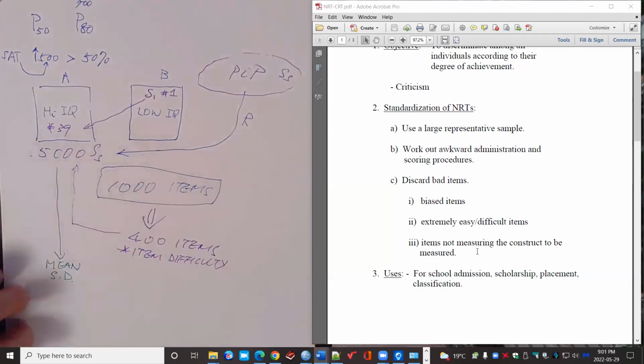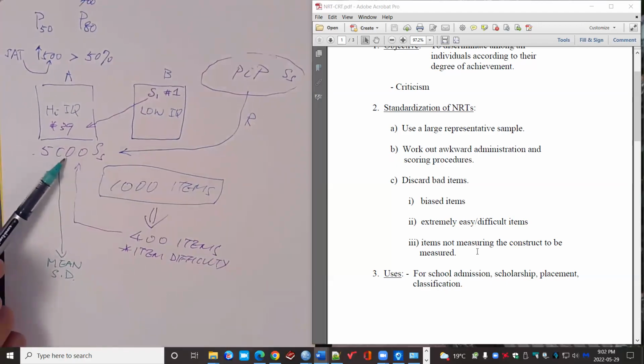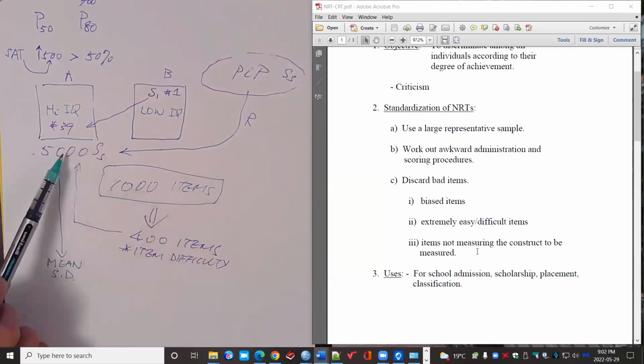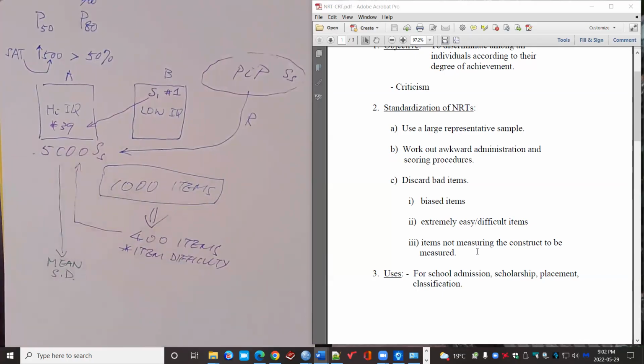We obtain a lot of stuff. So that's good. Then these 500 subjects are used to calibrate the test items. They are also from the norm group.